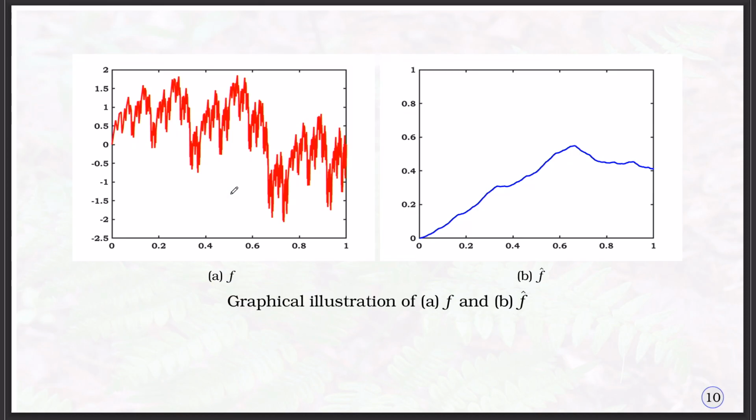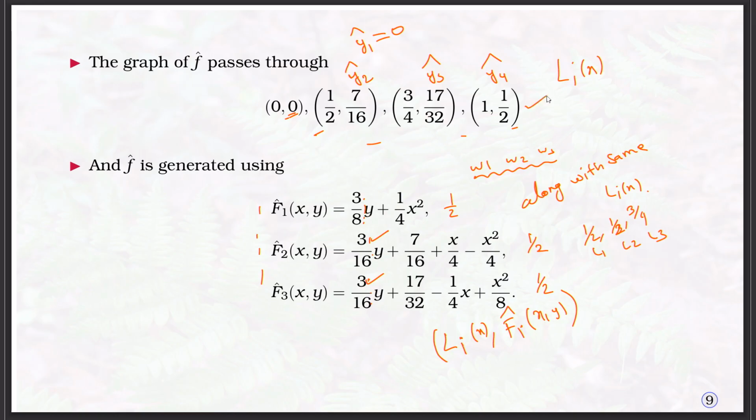Now, this is the fractal graph of the fractal interpolation function for the given data set, and this is the integration of this fractal interpolation function. This graph passes through the given data set, whereas this integration passes through this data set.